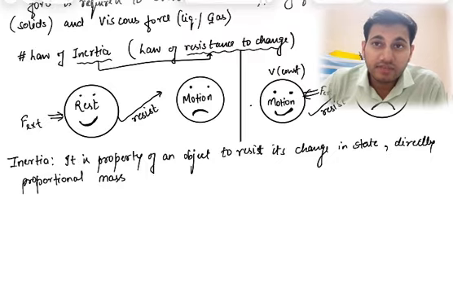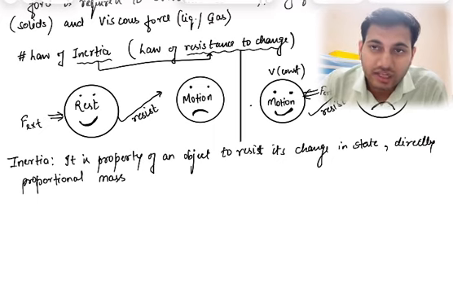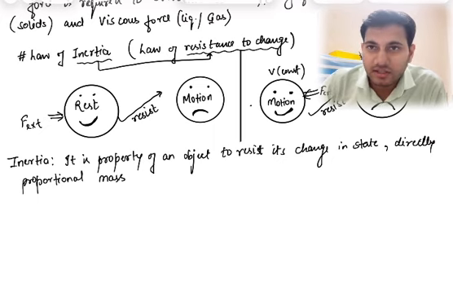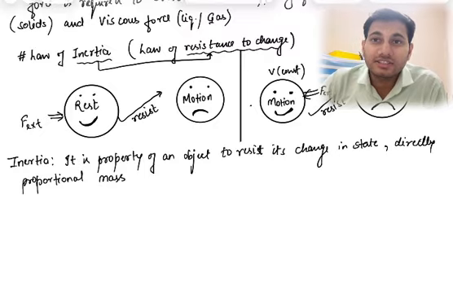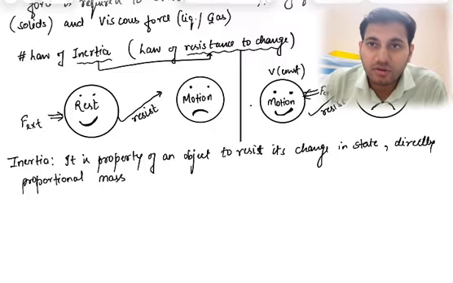But if we replace that ball with an asteroid of very heavy mass, and you are standing in front of it, then you will be destroyed, right? Why is this happening? Because the more the mass, the more the resistance to change, and to overcome that resistance, a huge amount of force is also required.